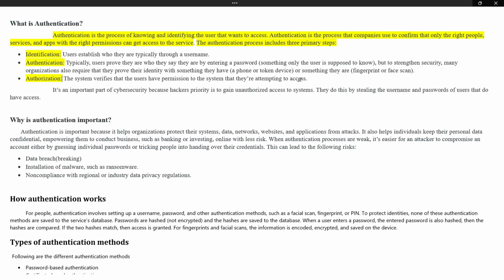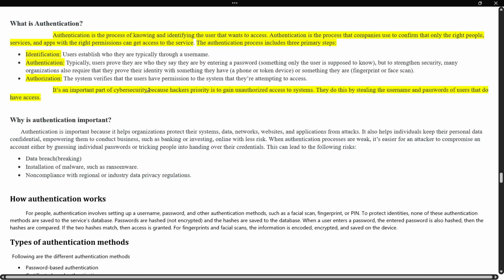If they are an employee, developer or tester, then they will have particular access to the system. So this is how the system is built, with identification, authentication, and authorization to secure the system. These are the main primary steps. Hope you got a clear idea of what authentication and authorization are.